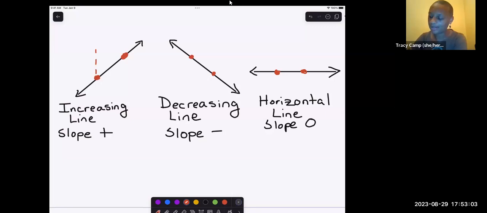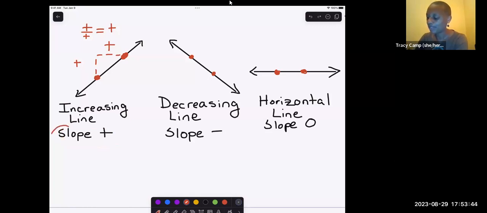So that's our rise. Since we go up, the rise is positive. And then we also have to go over a certain amount, and since we go over to the right, the run is also positive. Slope is defined as rise over run. So our slope, if we have an increasing line, is a positive number divided by a positive number, which is positive, which means that our slope is positive whenever we have an increasing line.